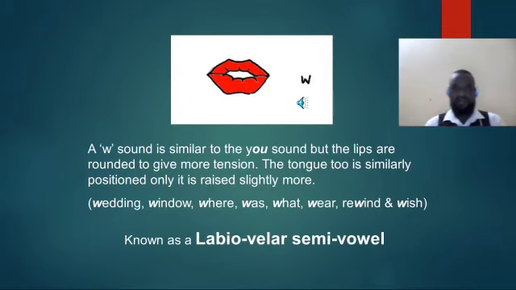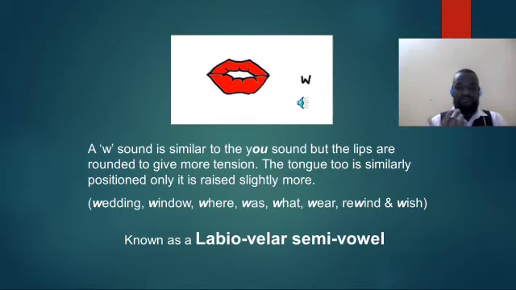When we pronounce wa, wa, there is tension in this sound, and at the same time the lip is semi-rounded. The tongue is similarly positioned, only it rises slightly more.